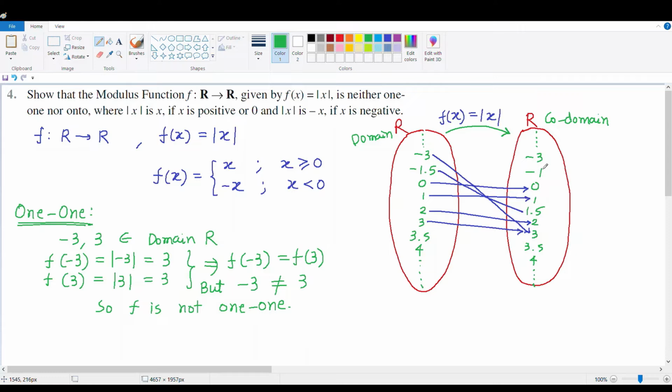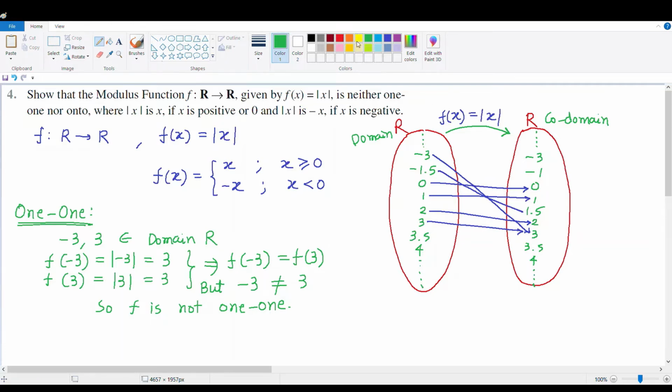So negative 3, which number's mod is going to be negative 3? None. Why? Because as soon as you use mod, it's going to convert into a positive number. So all these numbers that are negative, definitely they are not connected to any pre-image in this domain. So this function is definitely not onto.